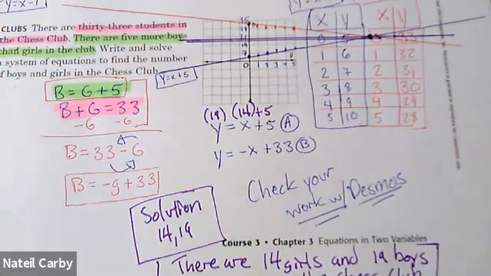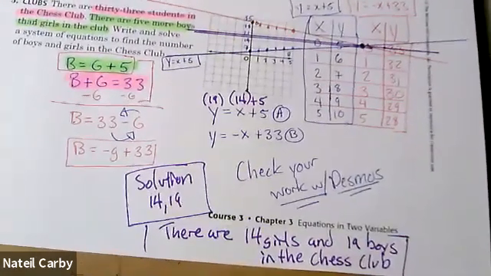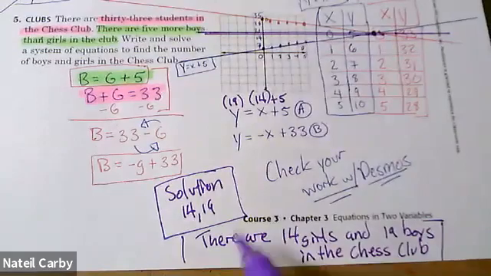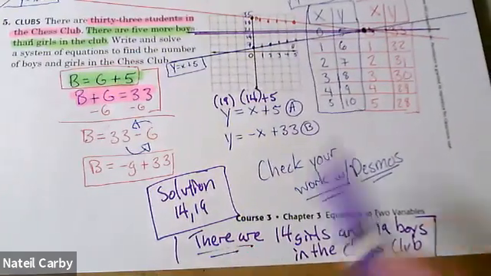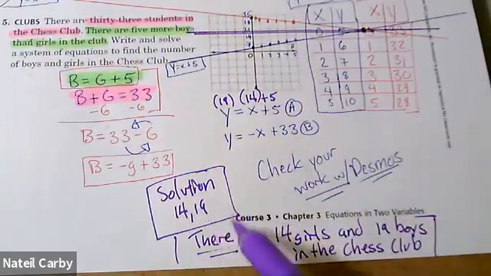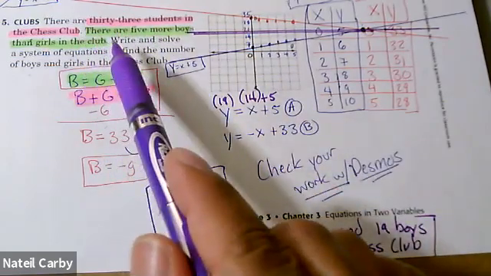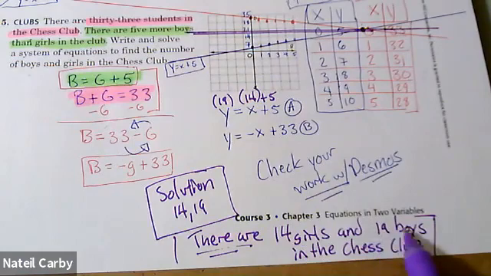So that's what it means by interpret. Once you get the solution, think about the problem, right? Think about the problem and tell me what the ordered pair means in terms of the problem.